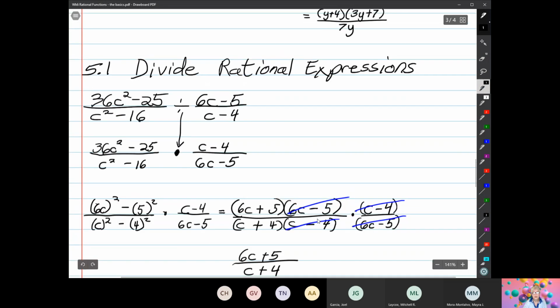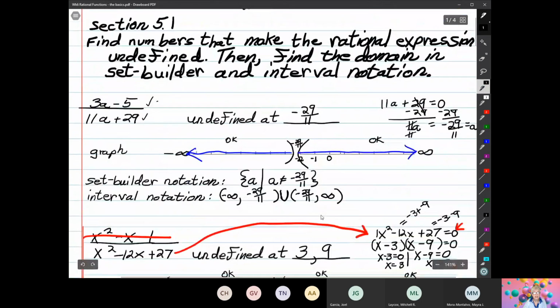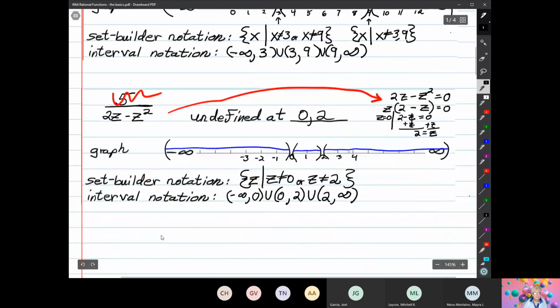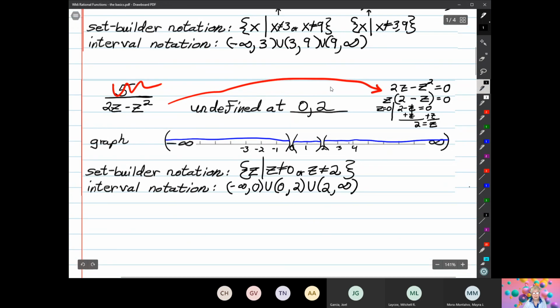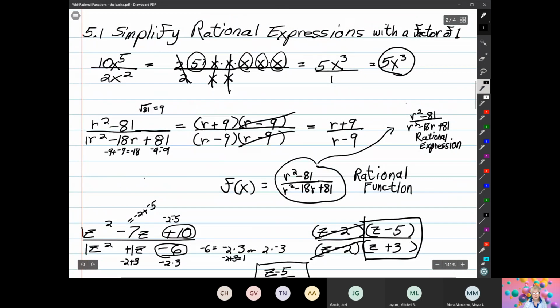Okay, so when you do the homework, you'll discover, much to your amazement, that there are very few of these problems. I think there are only 4 and we did 3 of them. Finding the number that makes the rational expression undefined. There are only a few of the multiplication problems for you to practice.